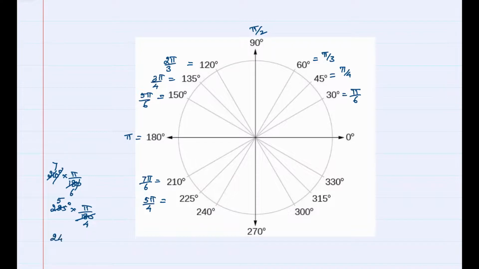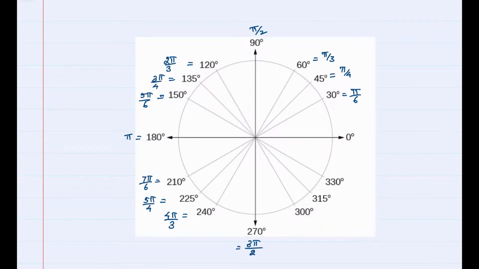Then 240 degrees, changing it into radians, it is 4 pi upon 3. 270 degrees, 3 times and 2 times. 270 degrees is 3 pi by 2 radians.